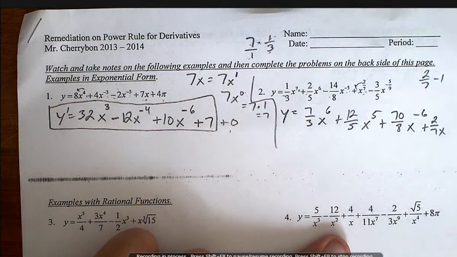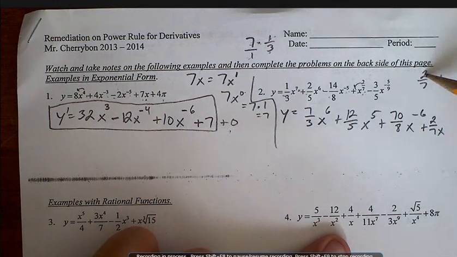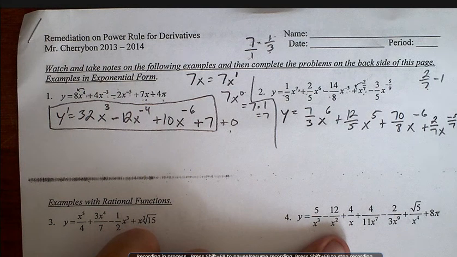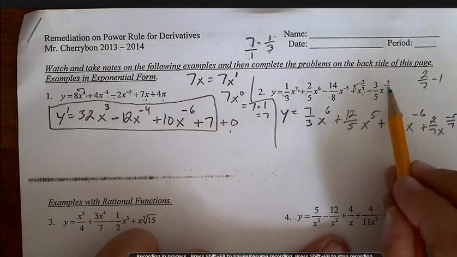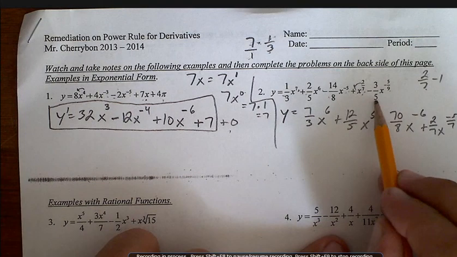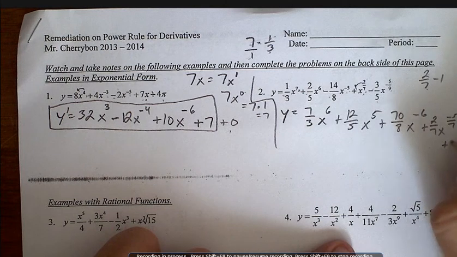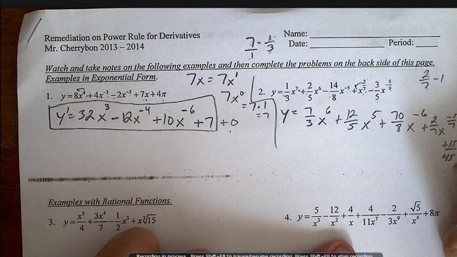And then last, negative 5/9 times negative 3/5 is going to be positive 15 over 45. X to the negative 5/9 minus 1. So negative 5 minus 9 is negative 14. Negative 14/9.